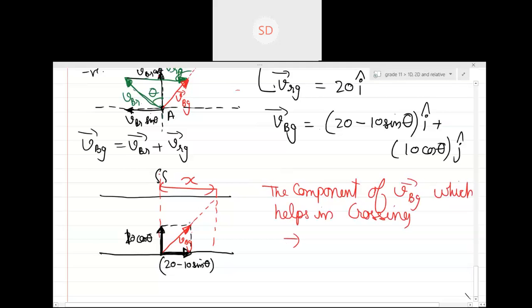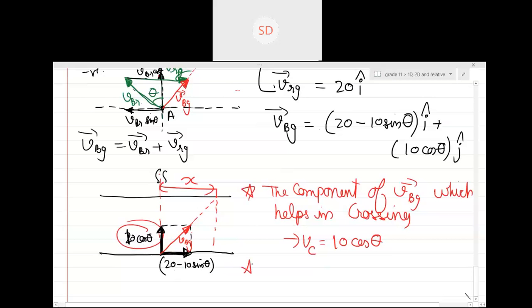Which is the component which is helping in crossing? Is this the component? Sir, 10 cos theta. So 10 cos theta is basically the component which is helping in crossing. Sir, how is it helping in crossing? Because this is the velocity which is perpendicular to the river. तो क्रॉस करने में तो ये वाली हेल्प करेगी, ये वाला कंपोनेंट will just drift, right.